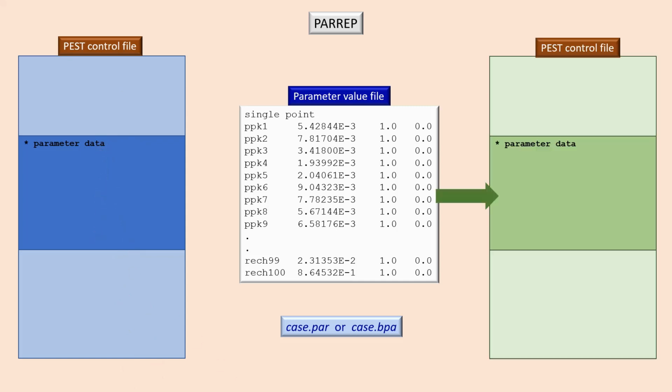Using the parap utility, we can take optimized parameter values and place them into the parameter data section of a new PEST control file that is in every way identical to the original PEST control file, except for the fact that optimized parameter values replace initial parameter values.